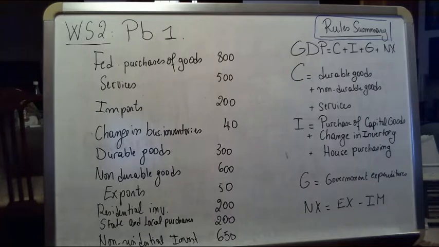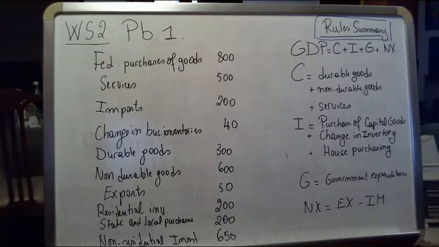Investment equals purchase of capital goods plus change in inventory plus house purchasing. G, which is government expenditures, covers all the expenditures on roads, on public hospitals, public schools, etc. And net exports are exports minus imports.